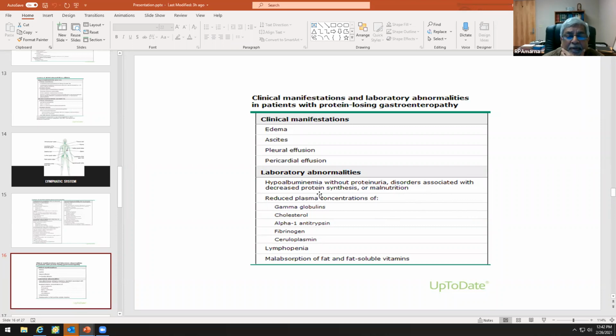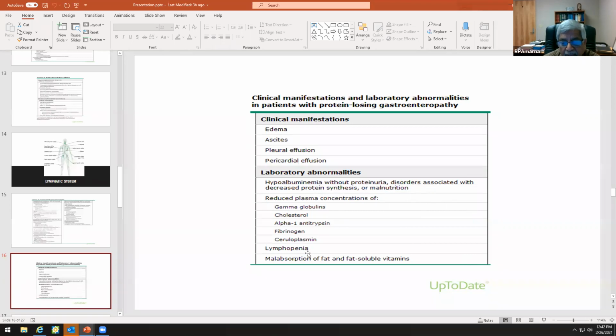Sometimes hypoalbuminemia can be due to decreased protein synthesis that's associated with cirrhosis or severe malnutrition, as in our patient. And this also will lead to reduced gamma globulins and cholesterol, alpha-1 antitrypsin, fibrinogen, ceruloplasmin. All the serum proteins will be low.